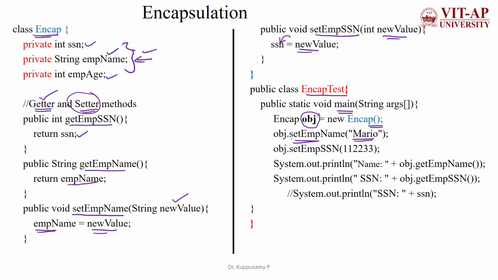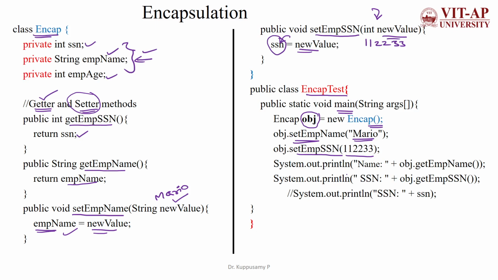So here we are passing Mario to set emp name, so this is going to be assigned to emp name. Then we are passing the integer value to set emp ssn, so 111, 222, 333 is assigned to the ssn variable.